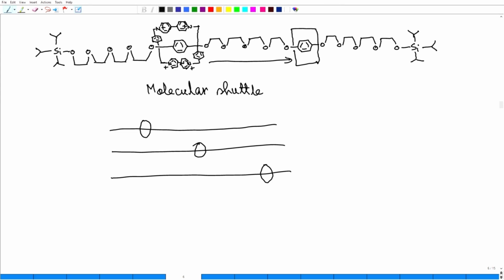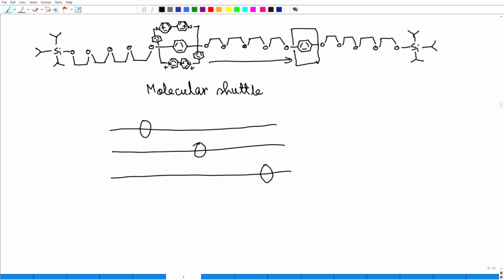Similarly, one macrocycle is here, one here, one here, and this is known as a molecular abacus. Do all of you know the abacus? People used to use it for calculation.